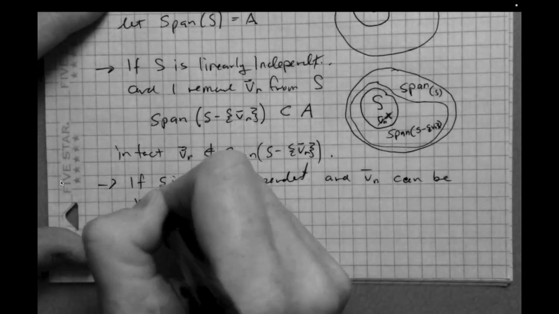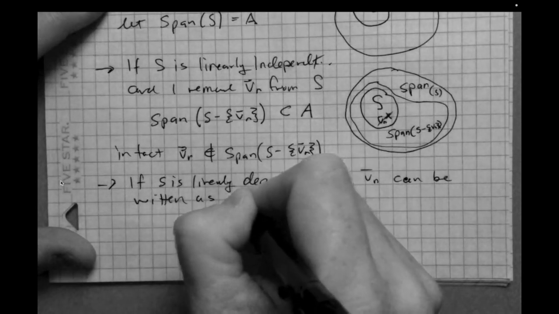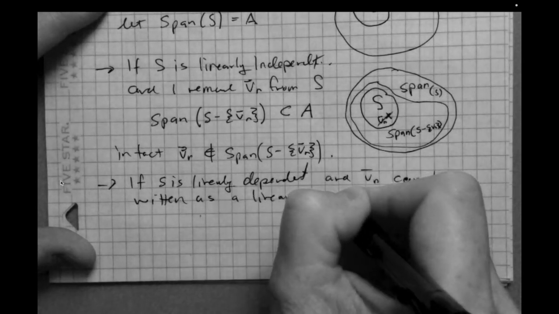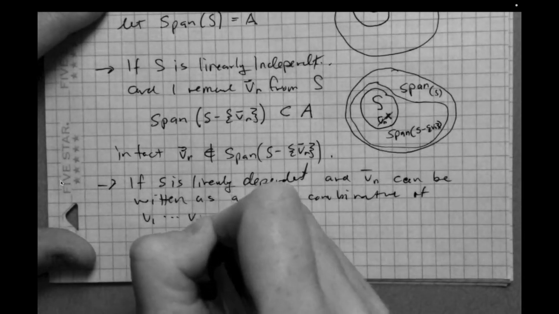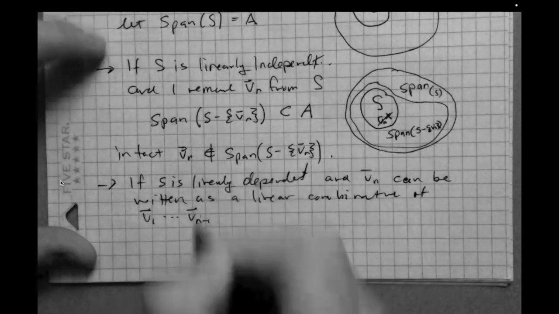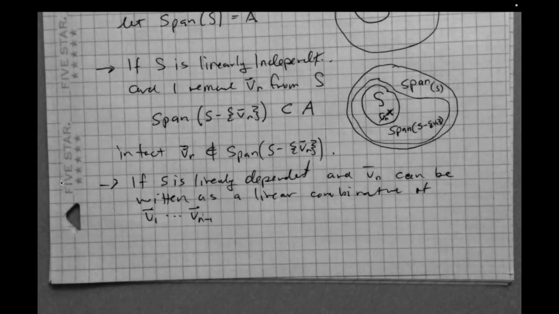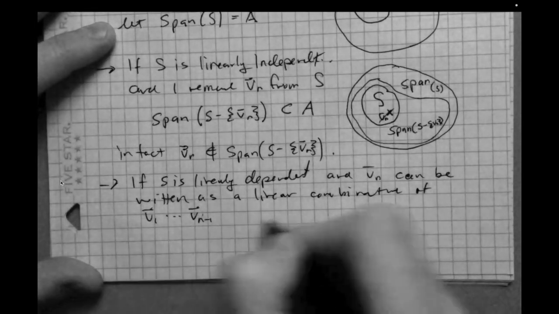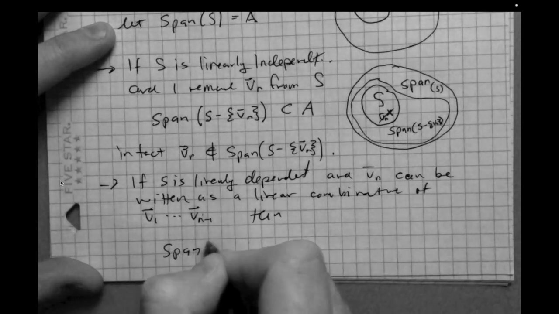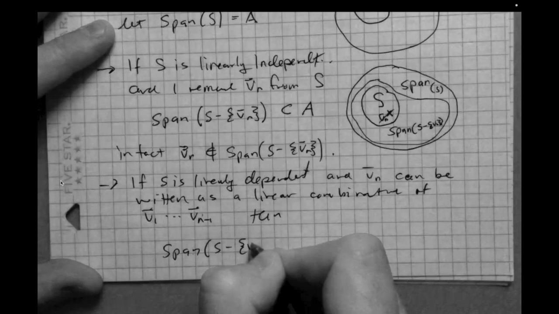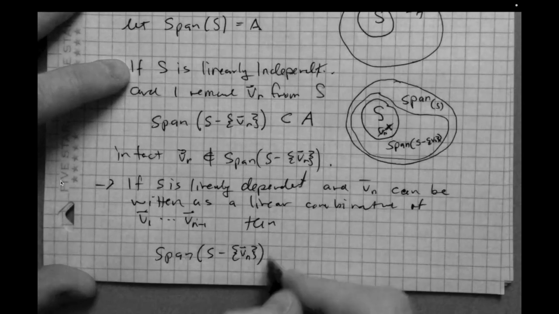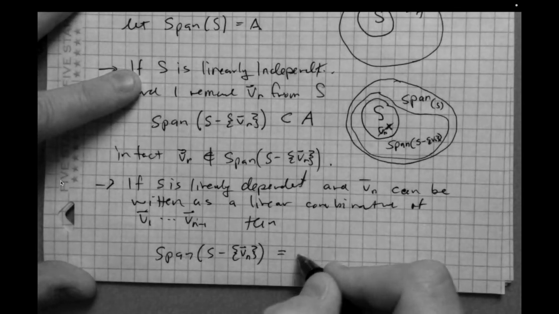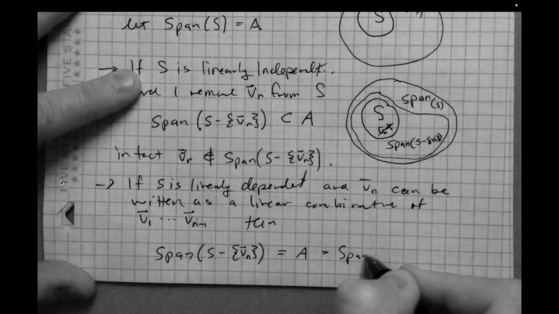So if Vn can be written as a linear combination of V1 through Vn minus 1, then what happens to the span if I remove Vn? Well, the span of S minus that redundant vector Vn is still equal to A, the span of the original.